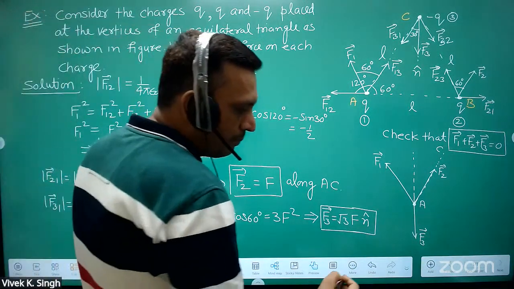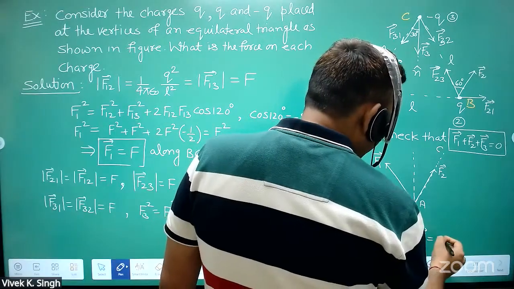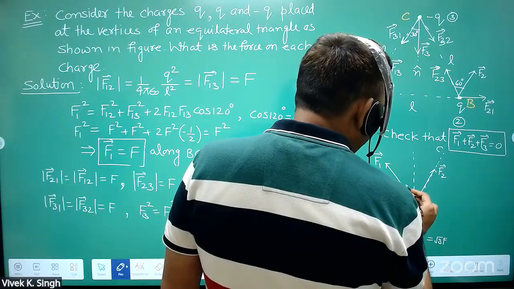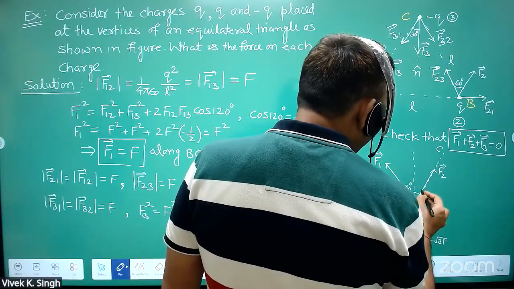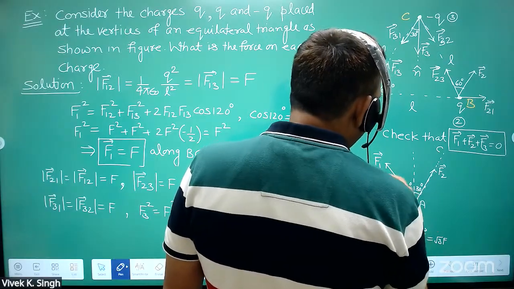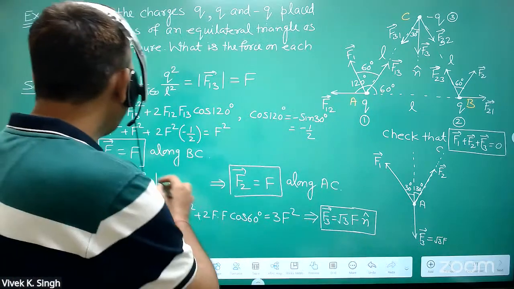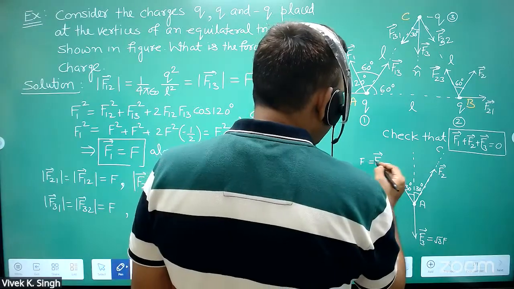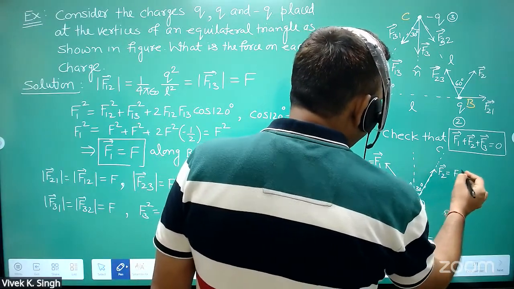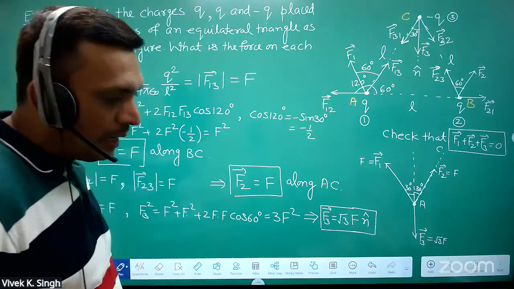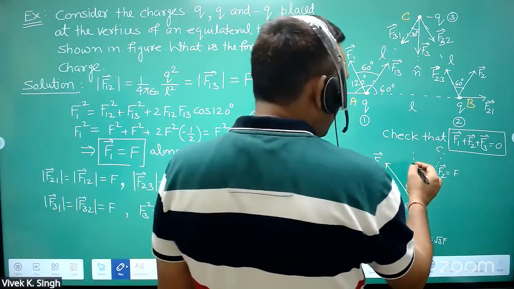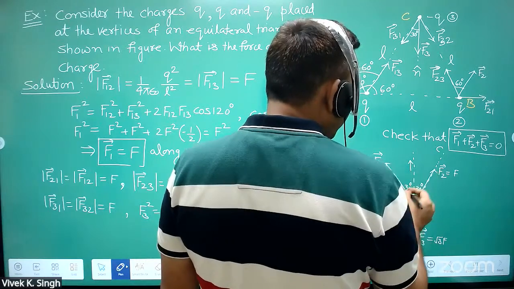और F3 का मैग्नीट्यूड कितना है? √3f. दिस एंगल इज 30 डिग्री और ये एंगल भी 30 डिग्री. F1 का मैग्नीट्यूड कितना है? F. ये मैग्नीट्यूड है इसका F, और इसका मैग्नीट्यूड भी है F. अब इन तीनों का वेक्टर सम क्या होगा? इस F को अगर आप इस डायरेक्शन में रिजॉल्व करोगे तो क्या होगा?